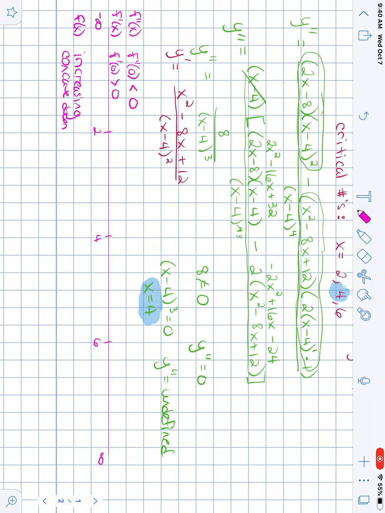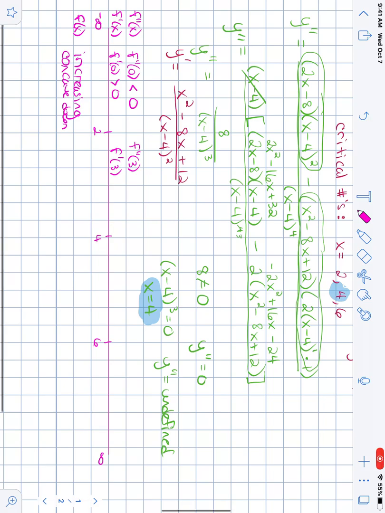Okay, now I'm going to pick a number between 2 and 4. The easiest one, of course, would be 3. I'm going to plug 3 into the first and the second derivative. So if I plug 3 into the first derivative, 3 squared is 9. 9 minus 24 is negative 15. Negative 15 plus 12 is a negative number. If I plug 3 into the denominator, because that's squared, that will always be positive.